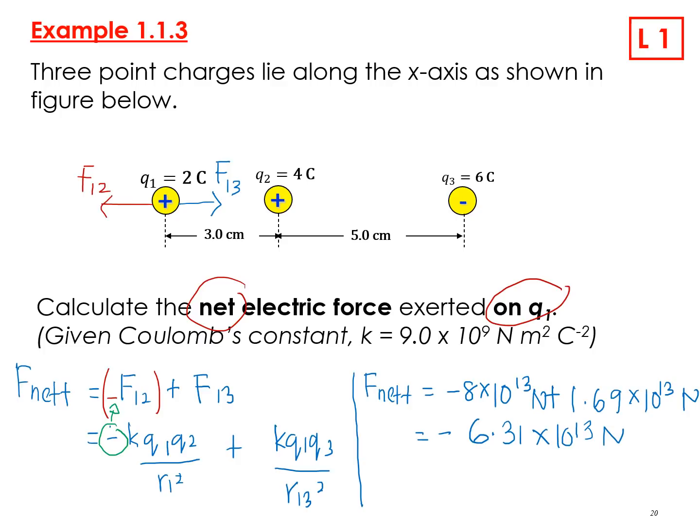Okay, so here we have the negative sign. You rewrite the answer again to express what the negative sign represents. So you write the answer 6.31 times 10 to the power of 13 Newton. The negative here represents the direction, and the direction is to the left.